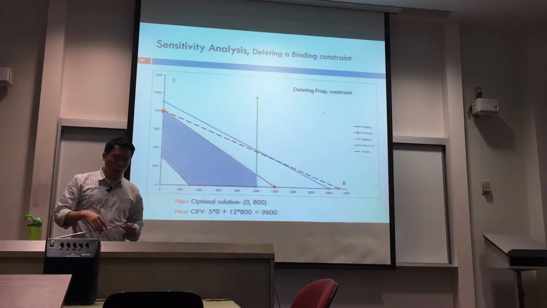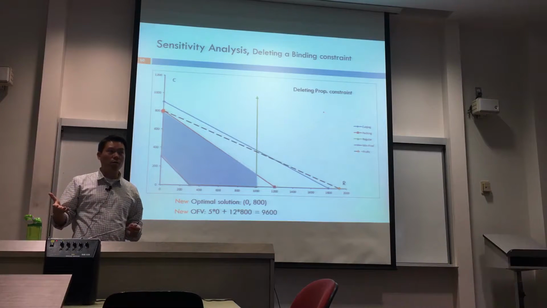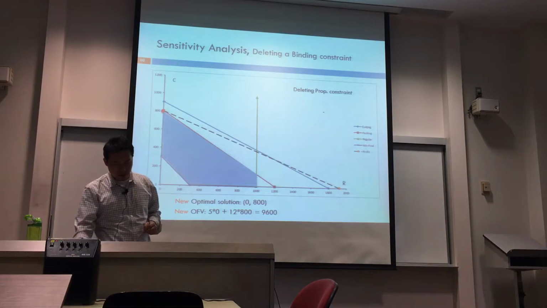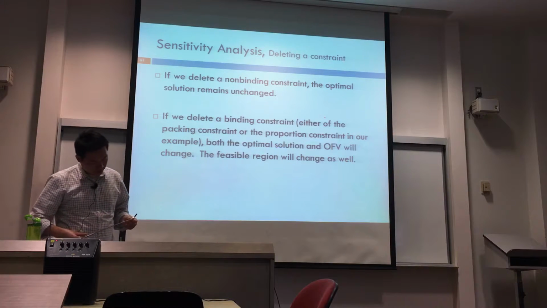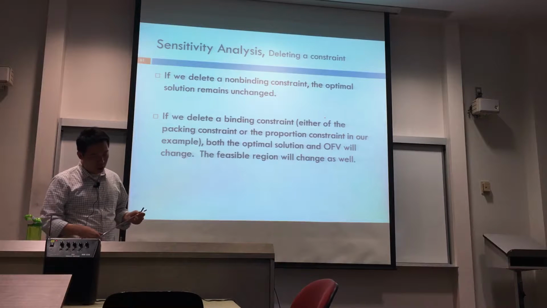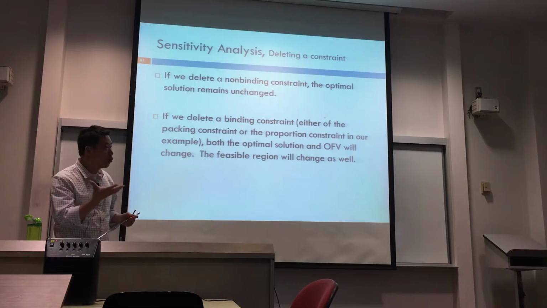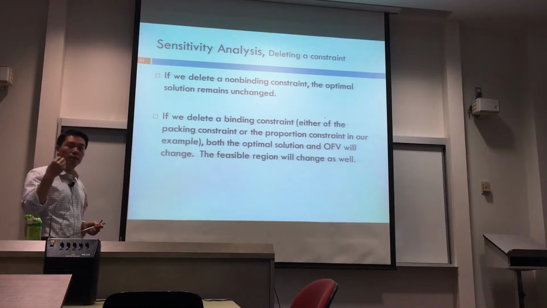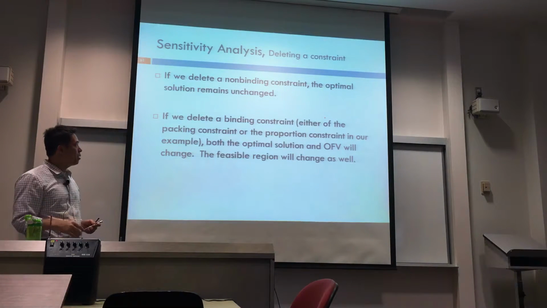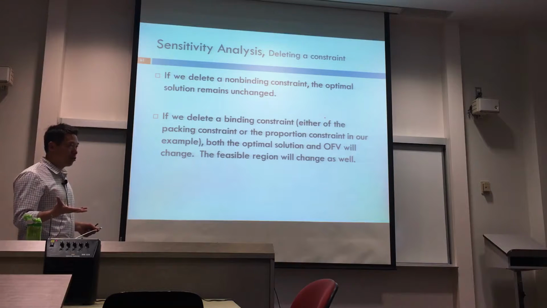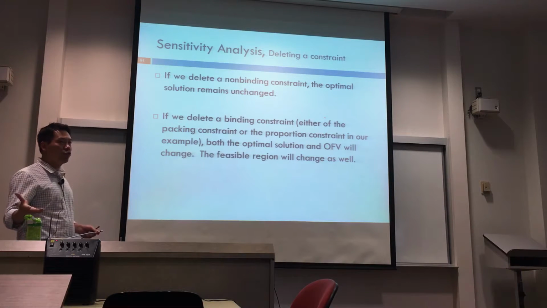In reality, you have to resolve it to figure it out, okay? So here is the summary, right? If you delete a constraint, it depends on if it's binding or not. If it's not binding, nothing changes, right? If it's binding, everything changes.